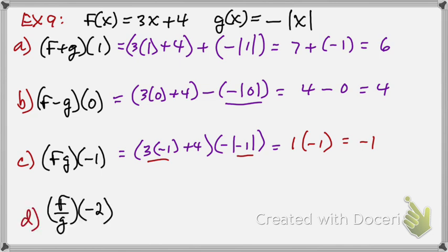Last one, y'all. We're dividing and we're evaluating at negative 2. So on top, I've got 3 times negative 2 plus 4. On the bottom, I've got negative the absolute value of negative 2.